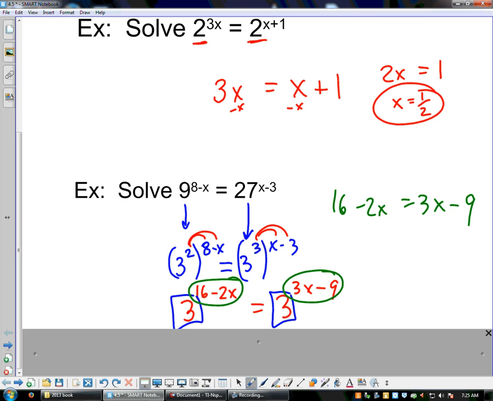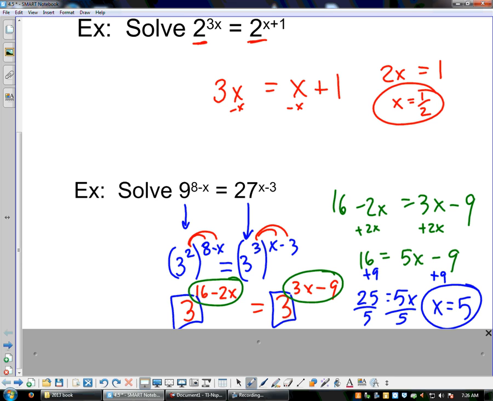And to solve this, we would add 2x to both sides, and we would get 16 equals 5x minus 9. Add 9 to both sides, and we're getting 25 equaling 5x, and then dividing by 5, we would get x equaling 5 as our solution.